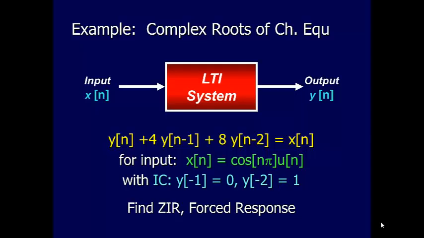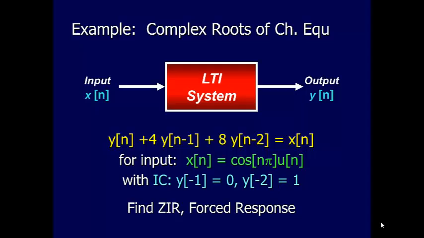Okay. Well, let's find the roots. z equals negative b plus or minus the square root of b squared minus 4ac all over 2a. This is the square root of minus 16.